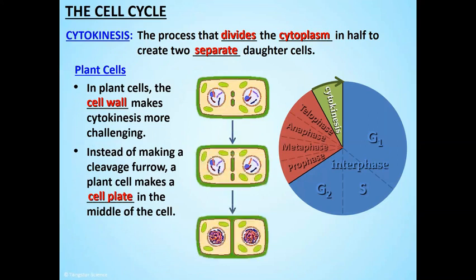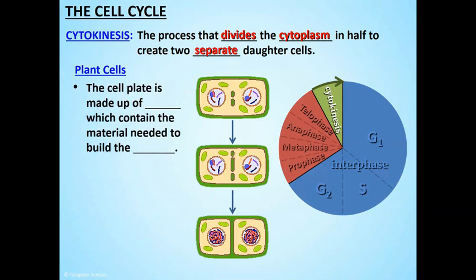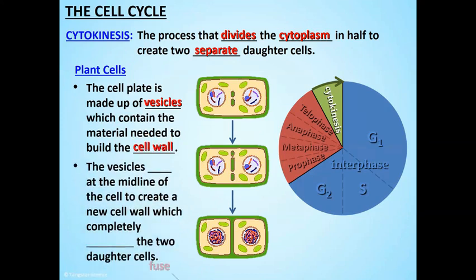So you can see the plate beginning in the middle and then it begins to block and split the two cells. The cell plate is made up of vesicles, which contain the material needed to build a cell wall. And the vesicles fuse at the midline of the cell to create a new cell wall, which completely separates the two daughter cells.